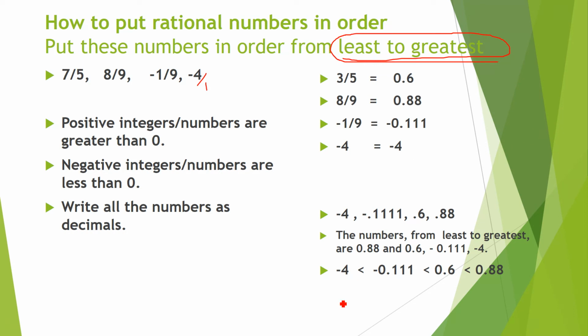So among these four, minus 4 is the least, and then minus 0.111 is less than, so you can read or write it: minus 4 is less than negative 0.111 is less than 0.6 is less than 0.88.